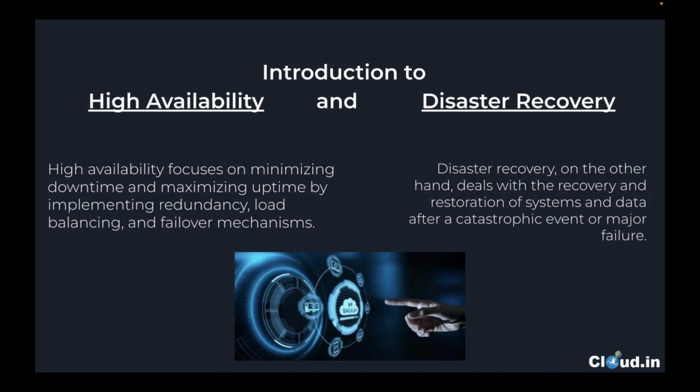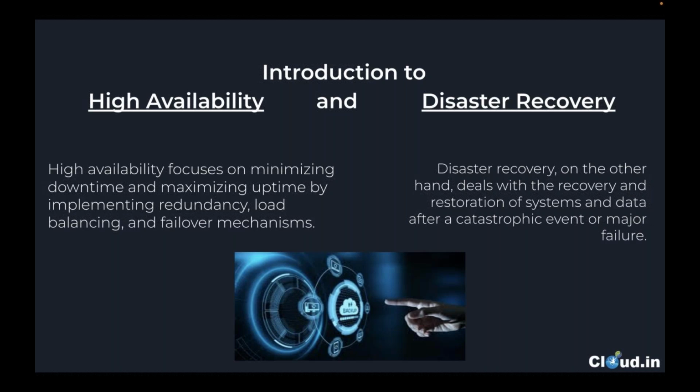A catastrophic event can be related to maybe a flood or a hurricane or something like that. So this basically aims to mitigate the impacts of such events and minimize the downtime or data loss that you might face if a disaster occurs. There are 4 disaster recovery strategies that AWS offers us.